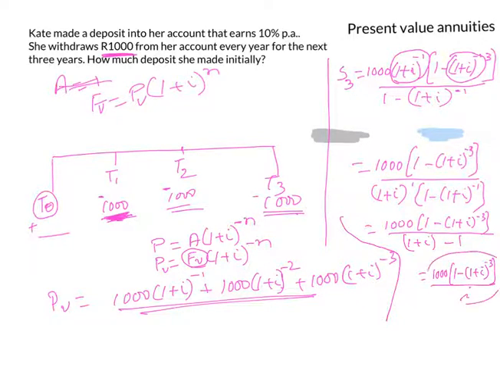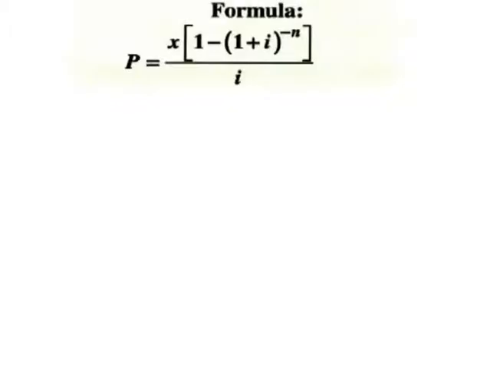So my present value formula here is P equals X times (1 minus (1 + i) to the power of negative n) divided by i, where X is the installment amount, the amount that I'm going to repay or the amount that I'm going to withdraw. So this is our present value formula.